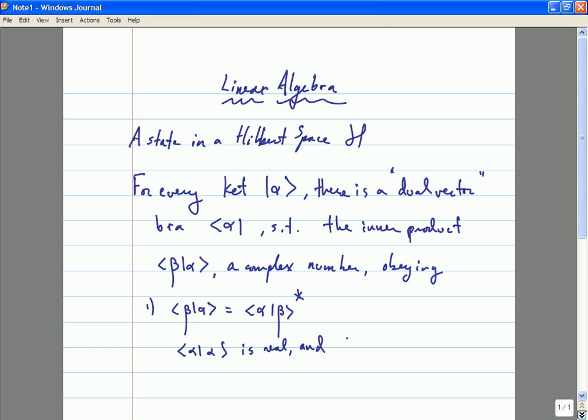And in particular, one of the assumptions of the Hilbert space structure is that it is positive and equals 0 if and only if the state that we're considering, alpha, is the null state. Where I remind you that the null state is the state which has the property that if you add it to any other state, it doesn't do anything.